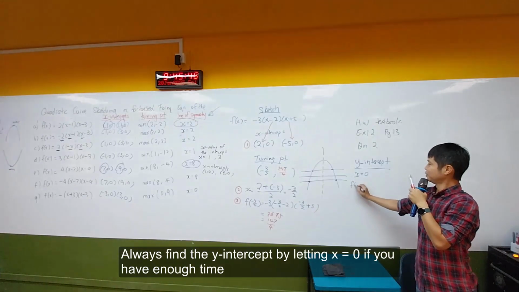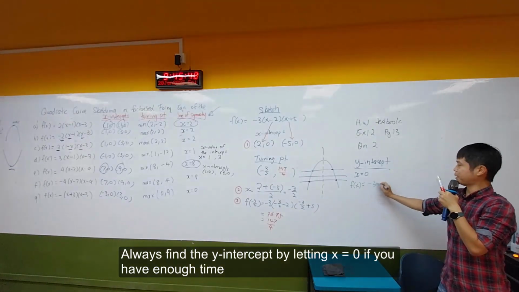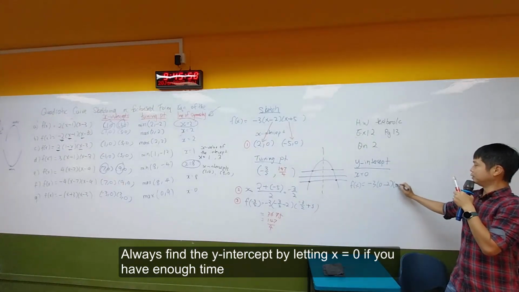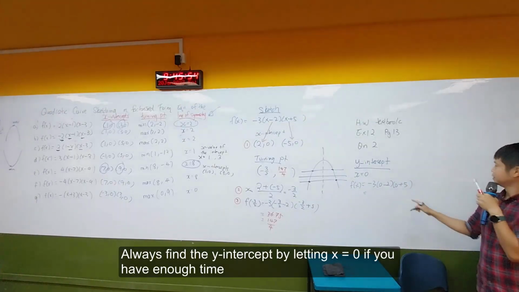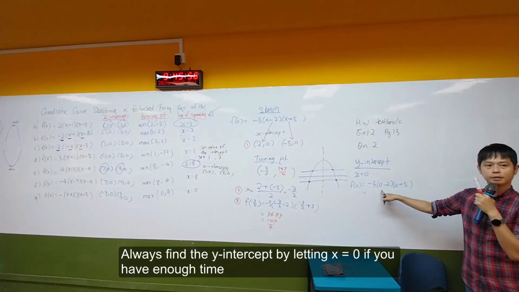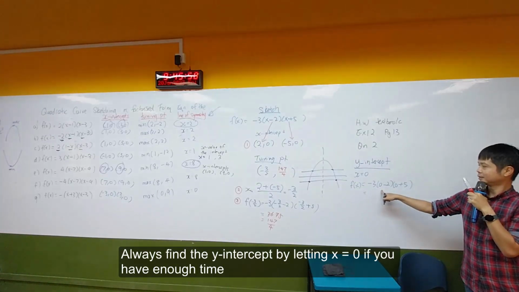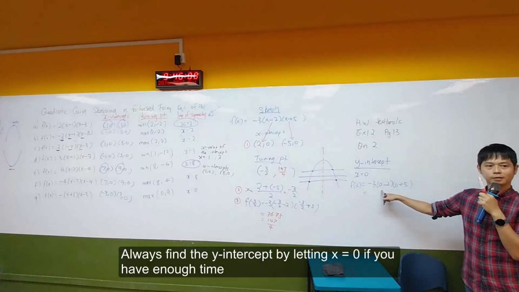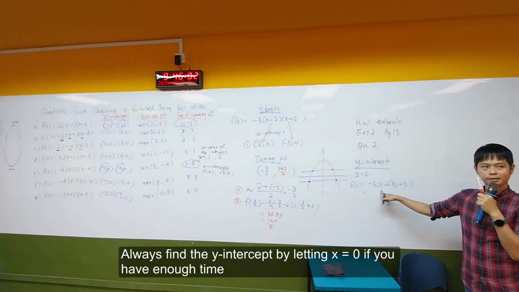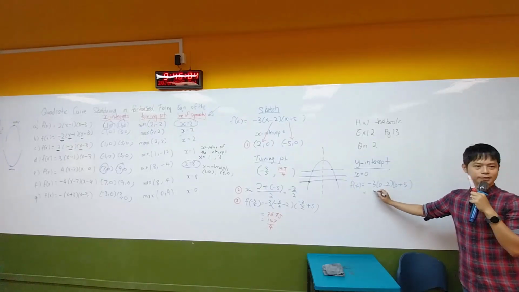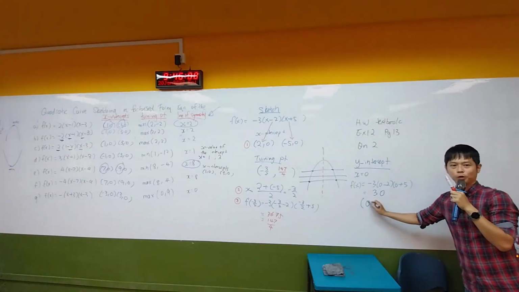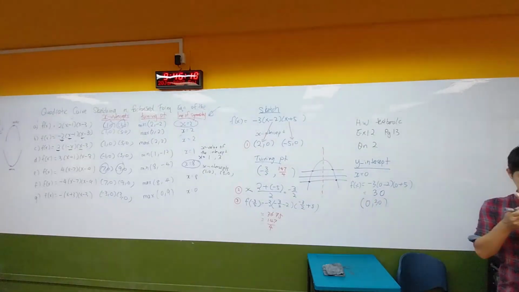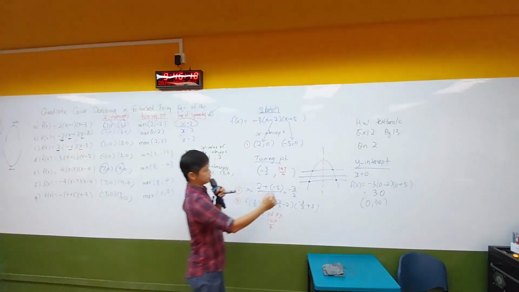When x is 0, f(x) is 3(0 - 2)(0 + 5), and the answer is 30, right? So I have a y-intercept (0, 30). This is the last thing I found.